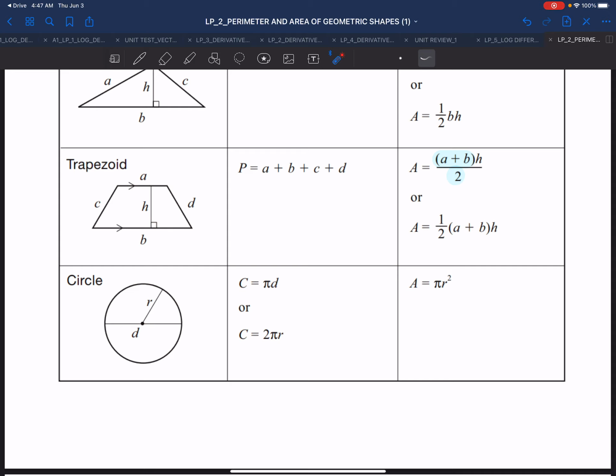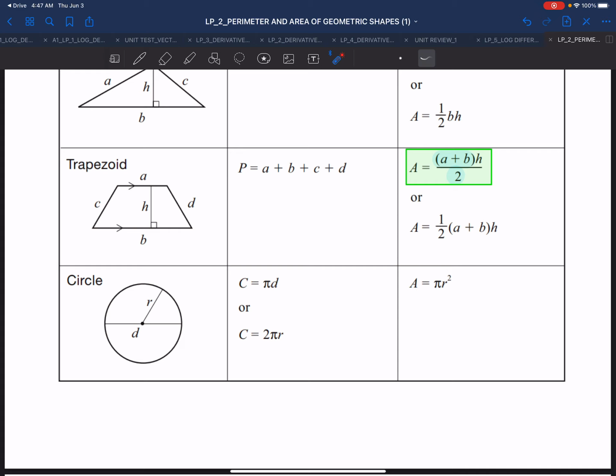So another version of the formula is 1/2 of A plus B times H, where H is the height. My favorite formula always is when we write the formula as a single term rather than factoring the coefficient. But it's the same thing, same idea.